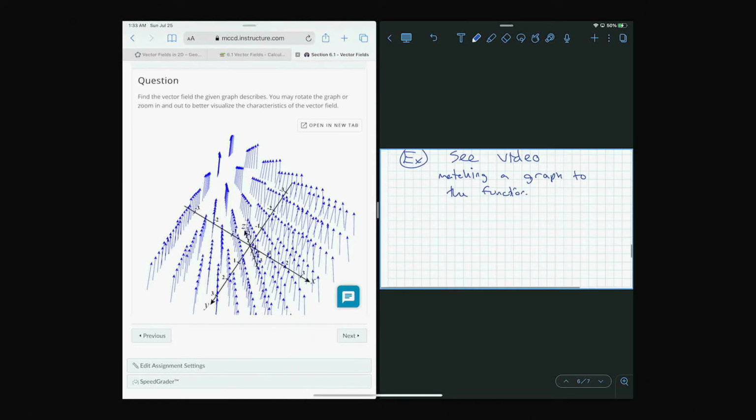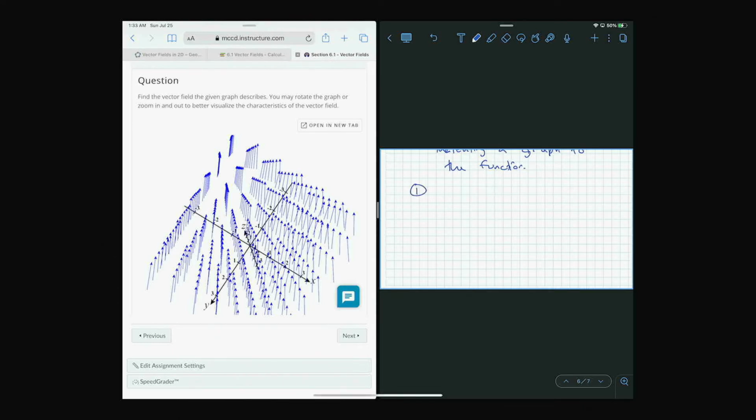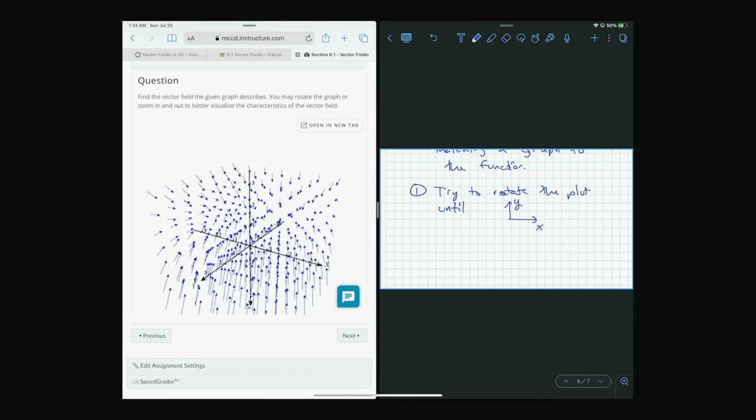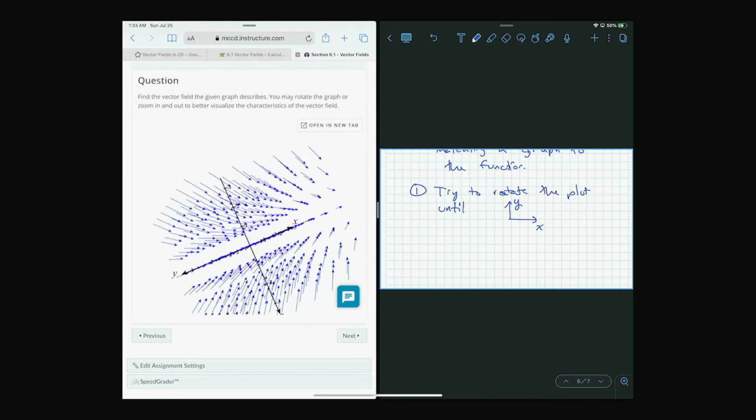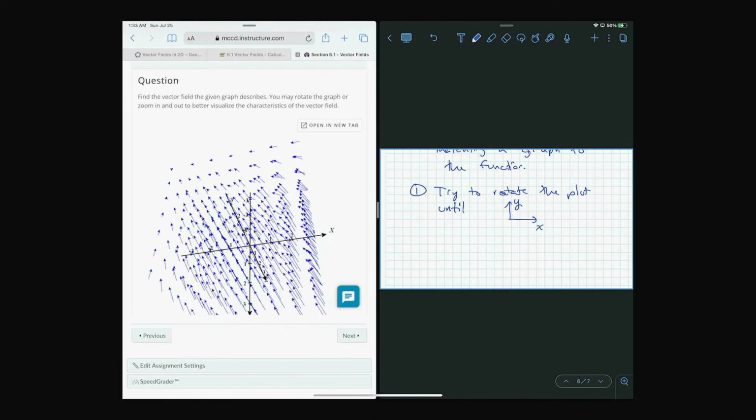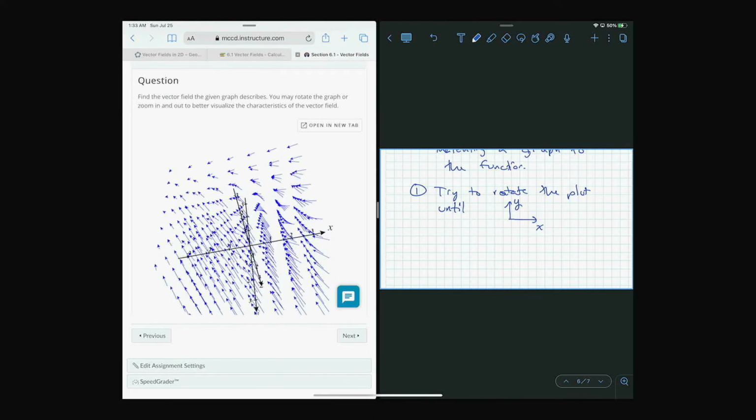So my recommendation is this. Try to rotate the plot until you have x pointing there and you have y pointing there. That just makes it easier to see what's going on. Maybe you can see the x on the left hand side right there. That's what I want. But then I want positive y pointing straight up.